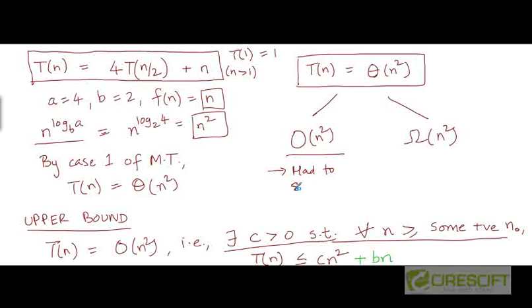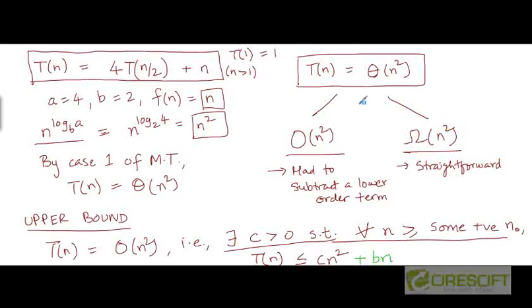We had to subtract a lower order term. When trying to prove this using the substitution method, this was pretty straightforward. So straightforward induction on the original claim was able to prove that T of n is big omega of n square.